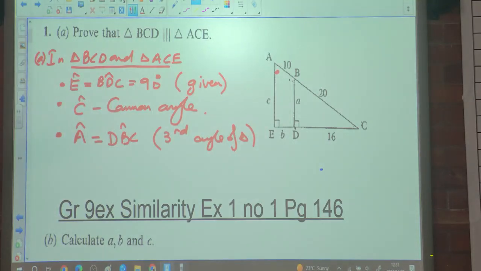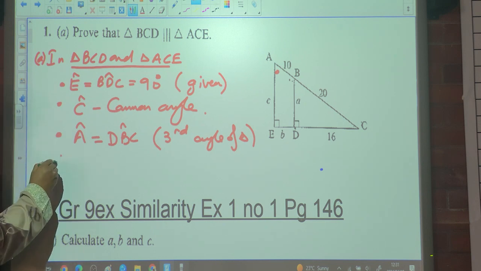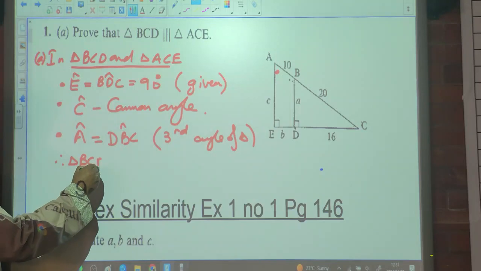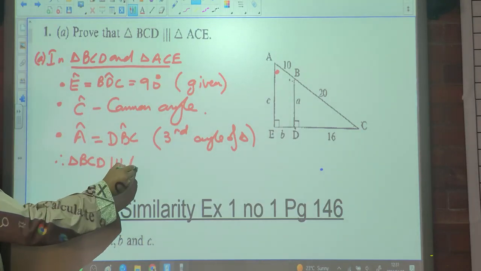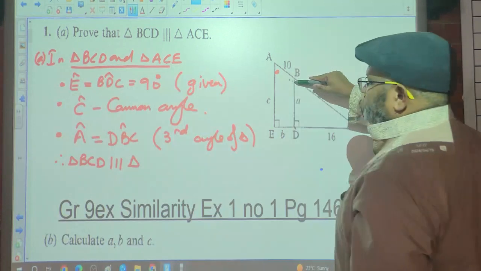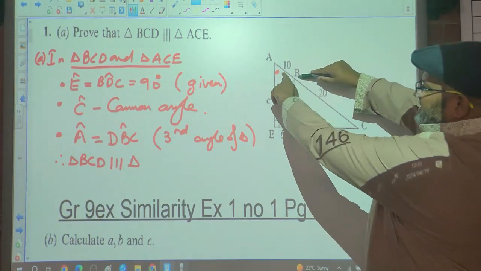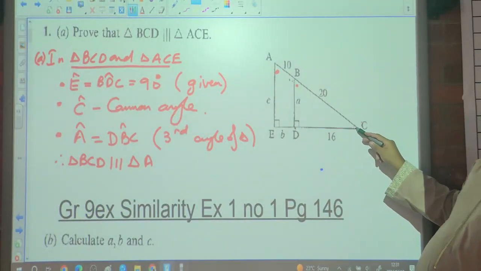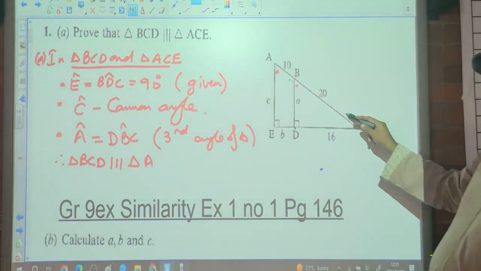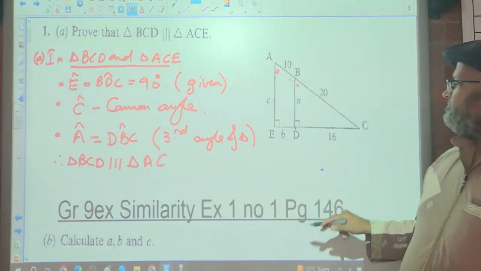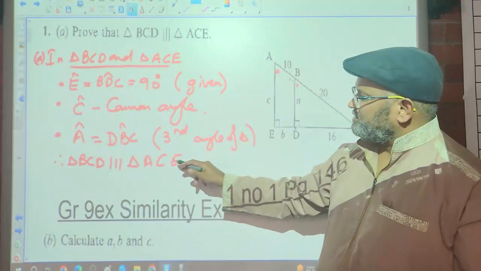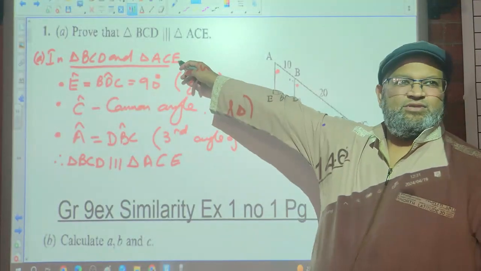People, 3 points is enough to conclude similarity. So what do I say? Therefore, triangle BCD is similar to triangle. So we go B. B was the same as angle A. Can you see that? C of this triangle is the same as C of that triangle. So it's C. And then D is the same as E of the other triangle. And you'll notice that it is the same as given to us.